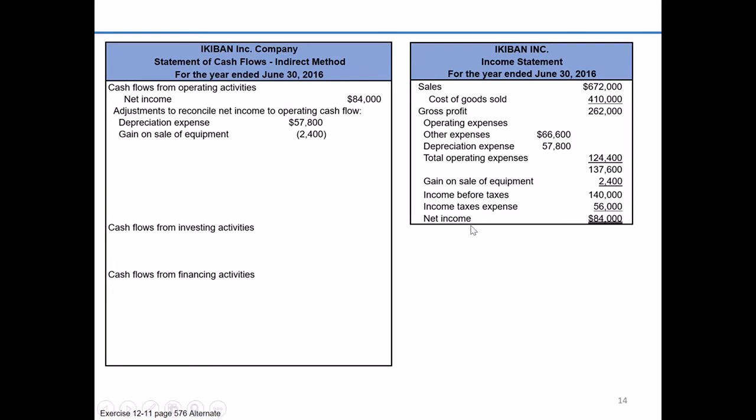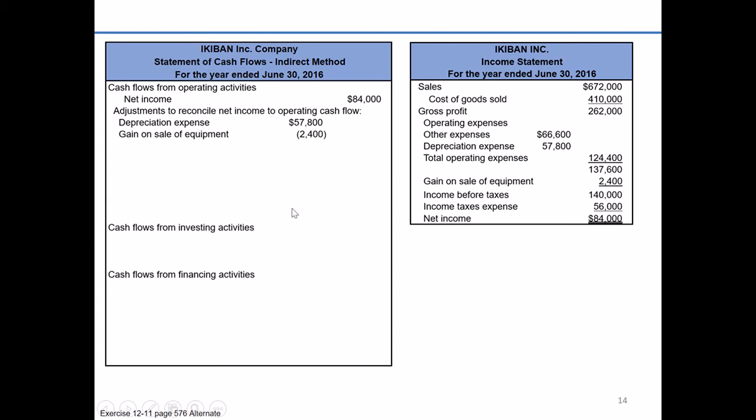I will note, if you want to write a quick note down, we'll need our net income again, $84,000, and we'll need to make note of our depreciation expense, $57,800. Just from the constraints of the video and not to crowd too much on our screen, I won't pull up the income statement again, but you may just jot down those figures.